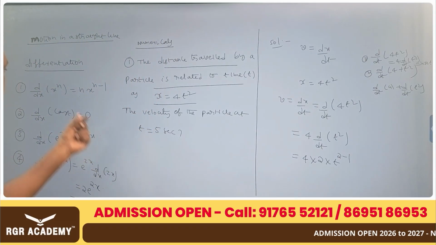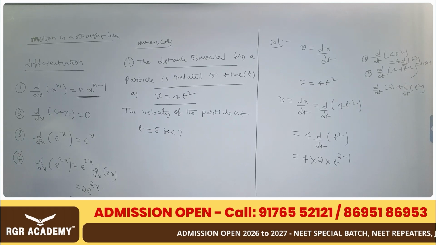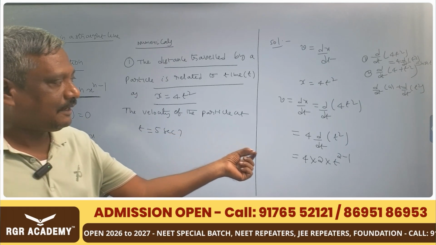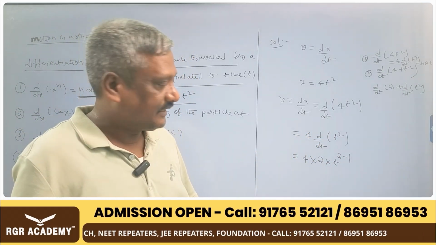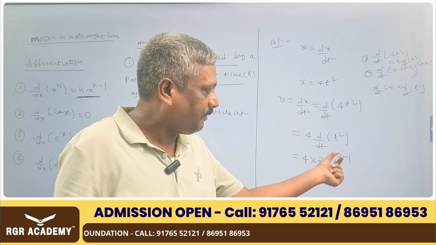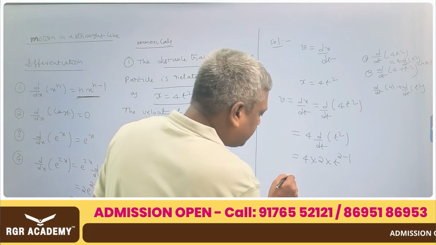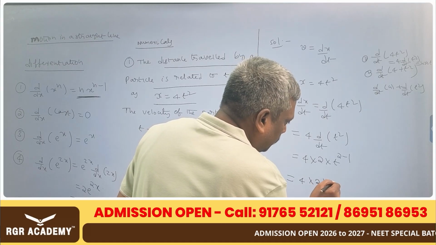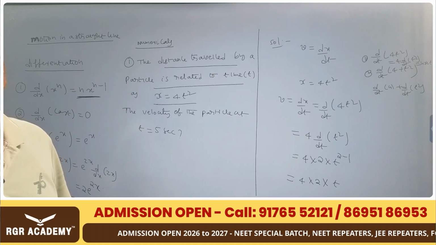Observe this formula: n into x power n minus 1. In place of n, 2 is there. So 2 into t power 2 minus 1. So this value becomes 4 into 2 into t power 2 minus 1, which is t.